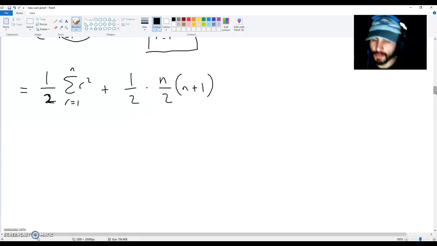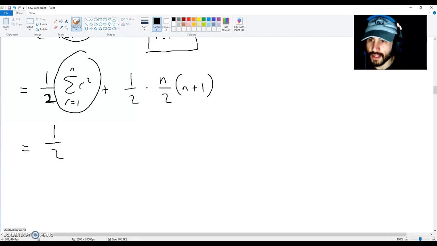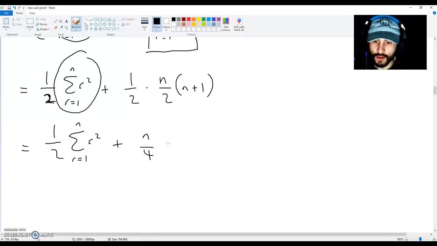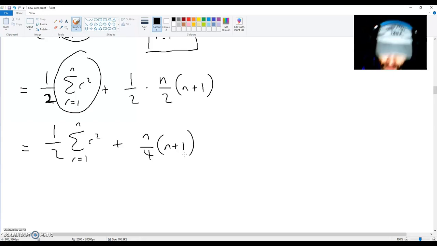And if we simplify this, we get half multiplied by this, plus n over 4 multiplied by n+1. And this is the formula that we were looking for.